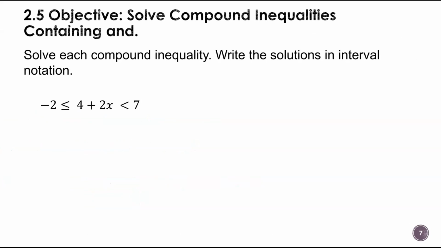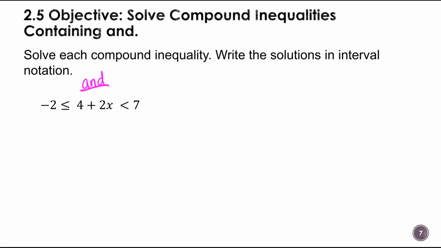Okay. So on this next one, we have a compound inequality that's written a little bit differently. When it's written this way, this is an and, and it's important to know that. So it says that 4 plus 2x is greater than or equal to -2, and 4 plus 2x is less than 7. So we're going to solve for x.